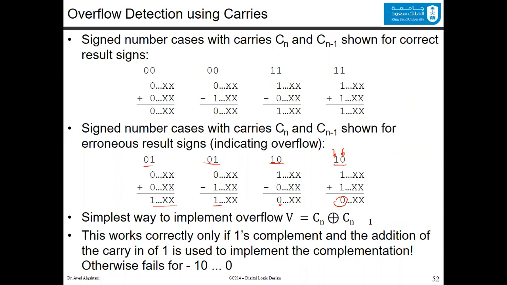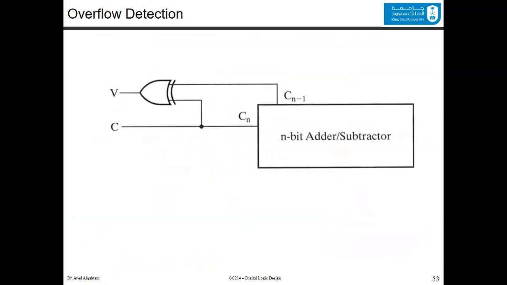So the hardware design for it is simply, if you implement the n-bit adder/subtractor using one's complement and then you add 1 into the carry n, you just get a line that represents the previous carry Cn minus 1 and the carry Cn, and you XOR those together to check if there is an overflow or not.